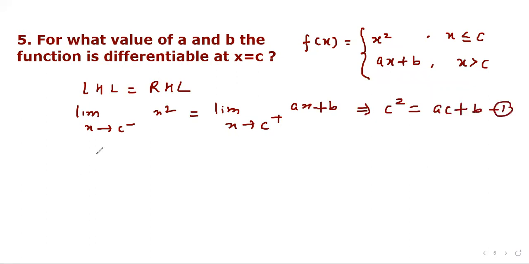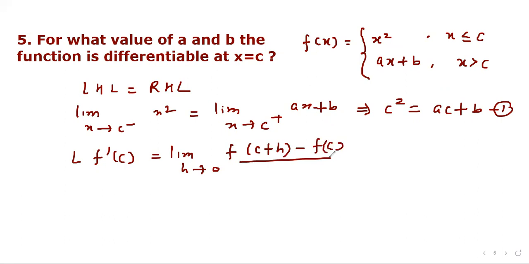Now we consider left hand derivative and right hand derivative. So Lf'(c) equal to limit h tends to 0 f(c minus h) minus f(c) divided by minus h. We put the value, limit h tends to 0, and here we are considering left hand limit.